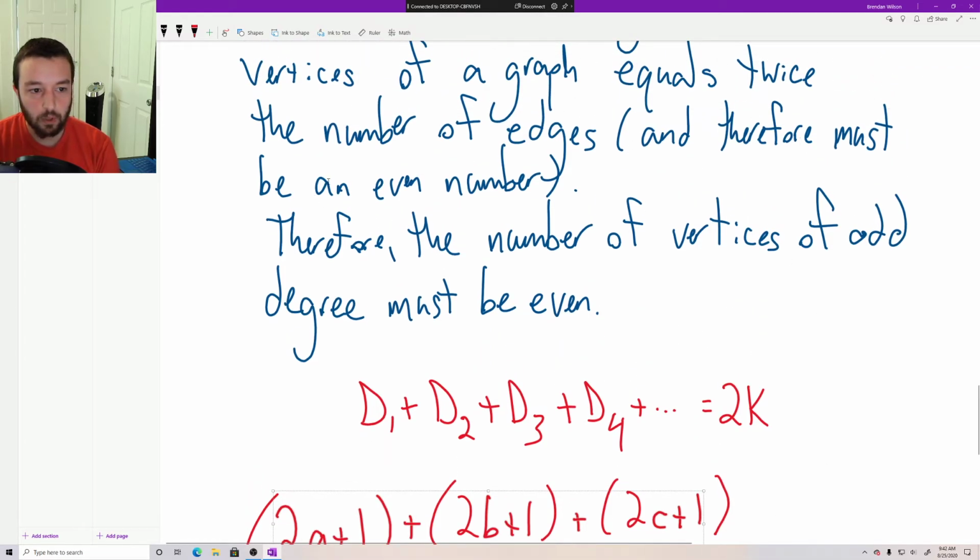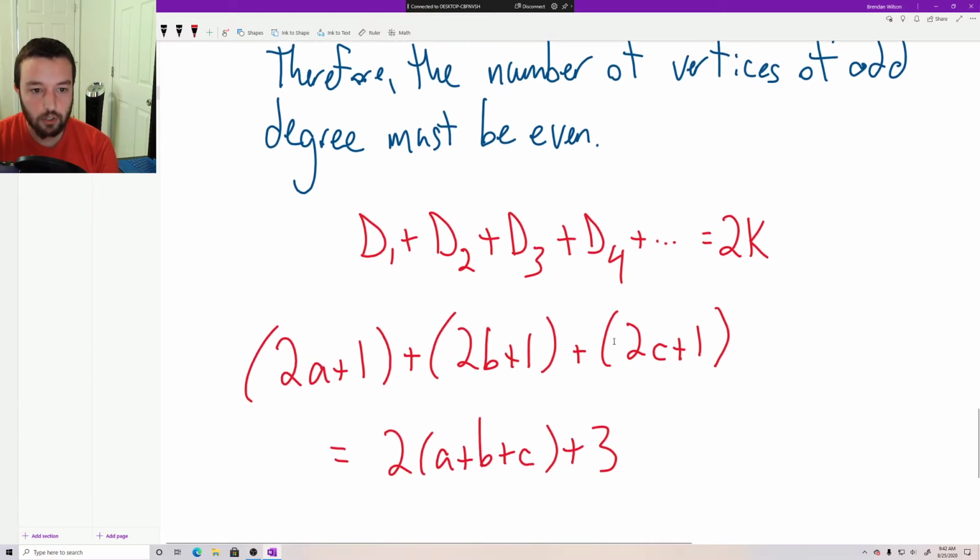This says we must get an even total. So the problem here was the fact that the number of vertices of odd degree was odd. So the number of vertices of odd degree at the end of the day needs to be even. Otherwise, this is not going to add up to an even number.